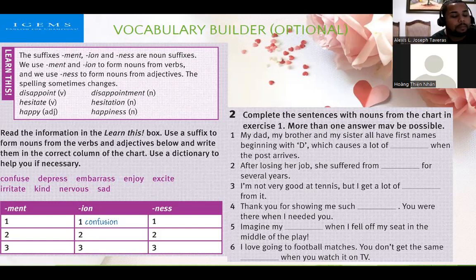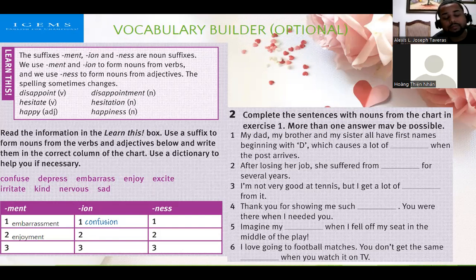You have, for example, this suffix -ment. Is there any adjective or verb that you would add in this column? Impression. Okay. Enjoyment. Something else? Irritation.